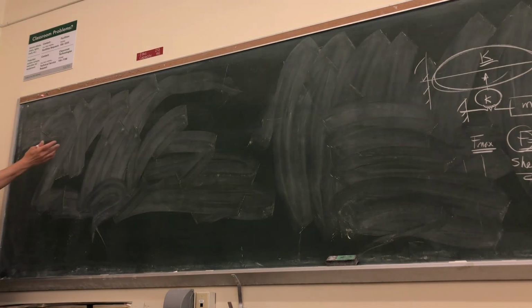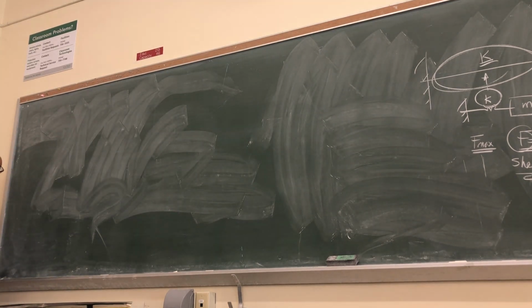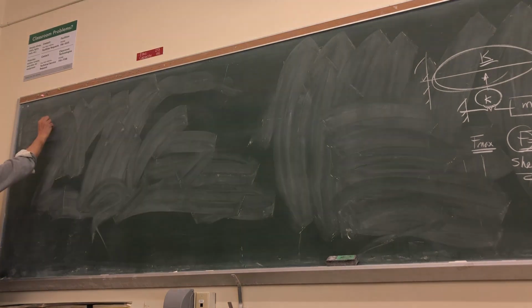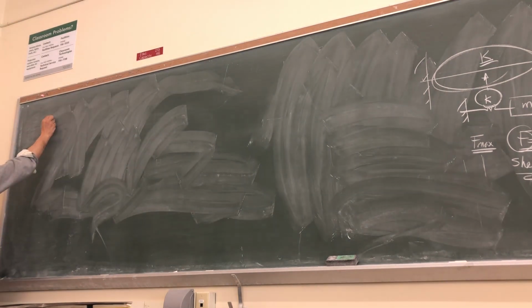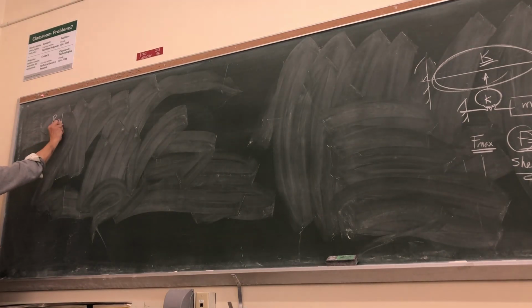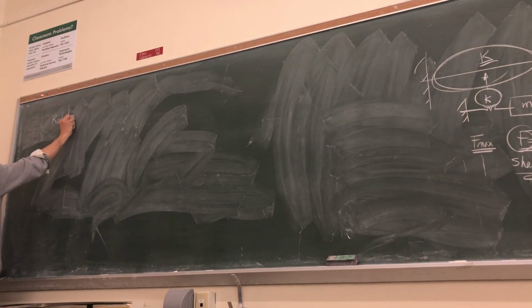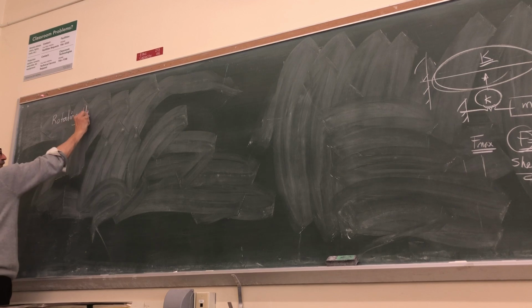You can think of them as independent topics, but they're really a subset of this topic. What do I mean by that? Subset, meaning that, okay, the first topic we want to look at is rotating unbalance.